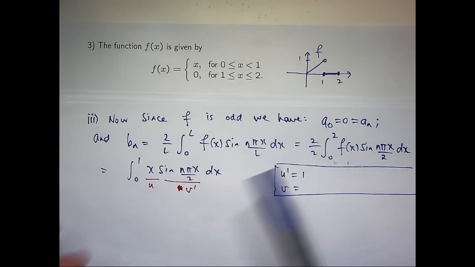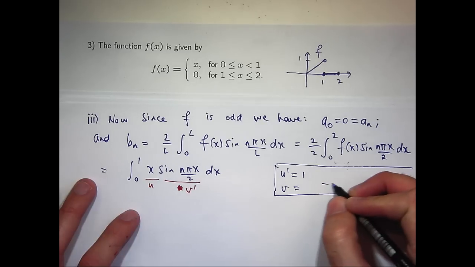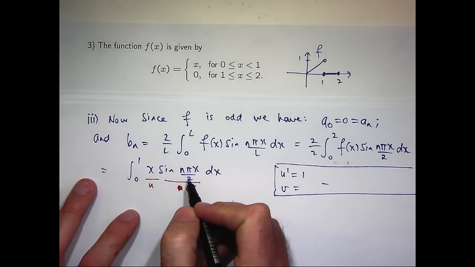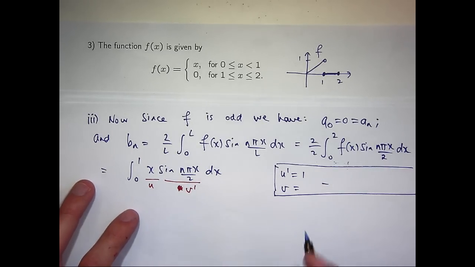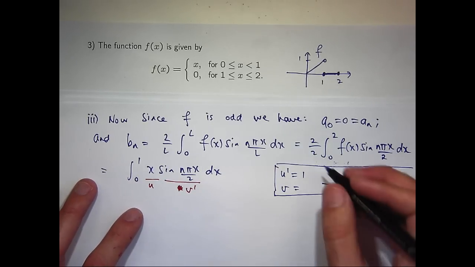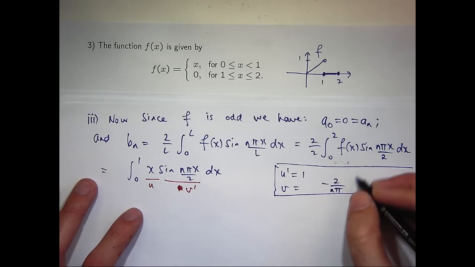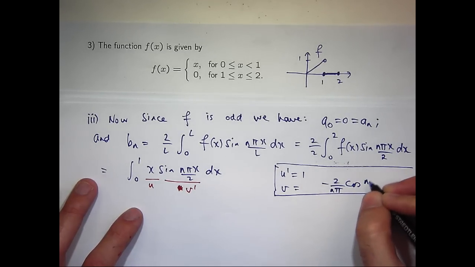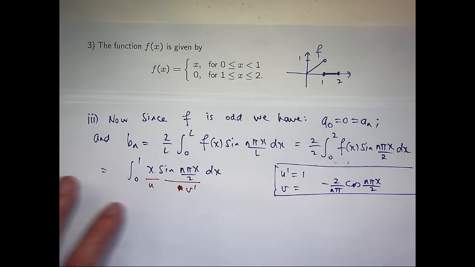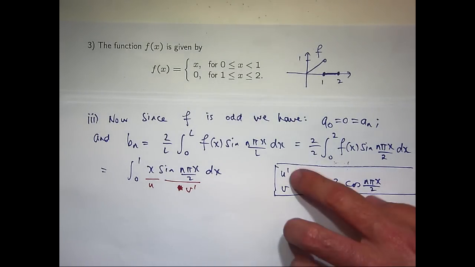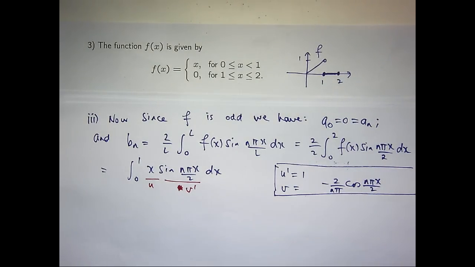So the sine is going to go to a minus cosine, and we just need to multiply by 2 on n pi. Okay? So now what we can do is apply our integration by parts formula: u times v minus the integral of the product of the two things that we just calculated.